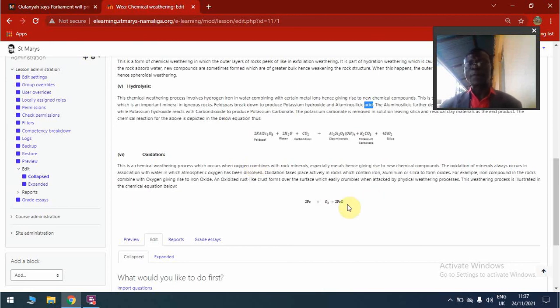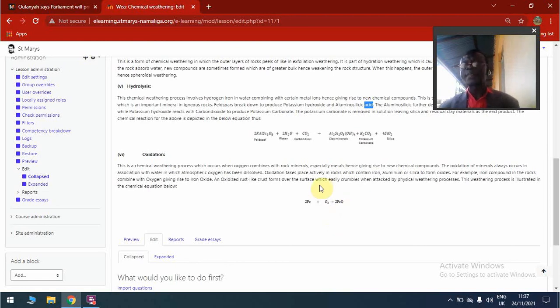iron oxide. So initially, the rock was made up of iron. Then after reaction with the oxygen, it becomes iron oxide. So you can see that from iron, we already have a different form, a different chemical compound within the rock. And that chemical compound is the iron oxide.